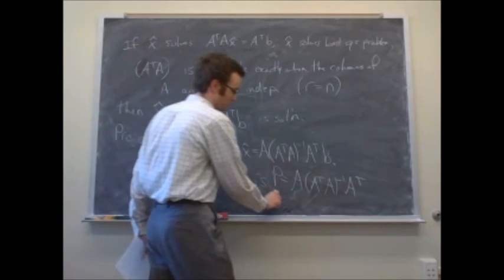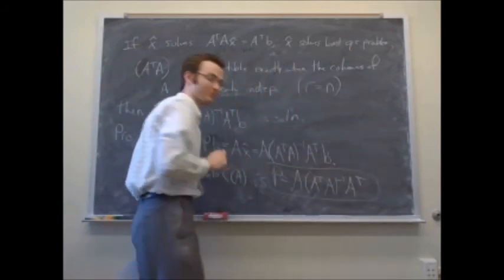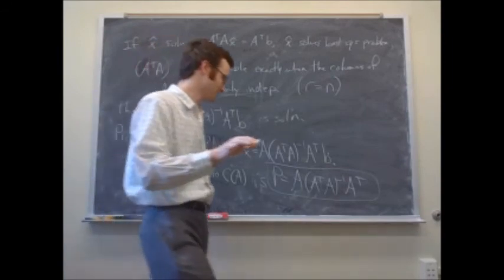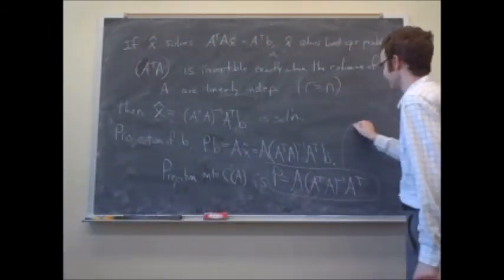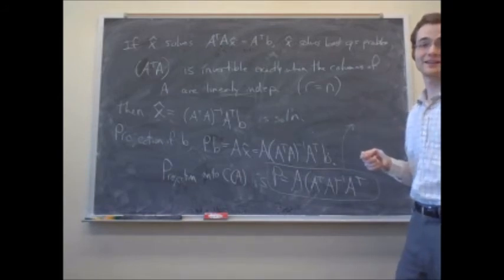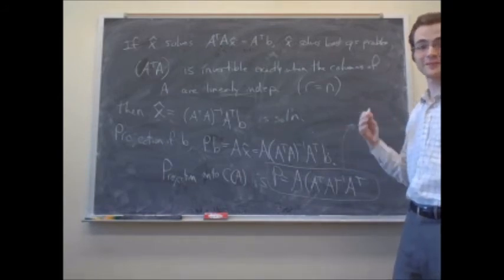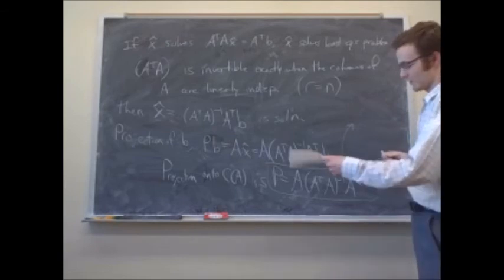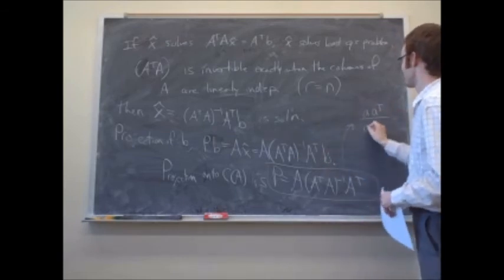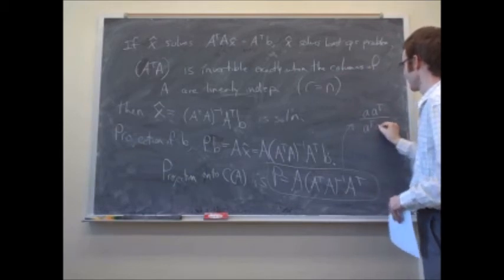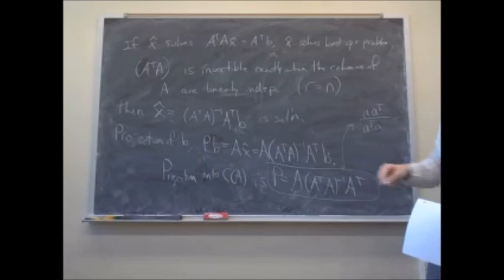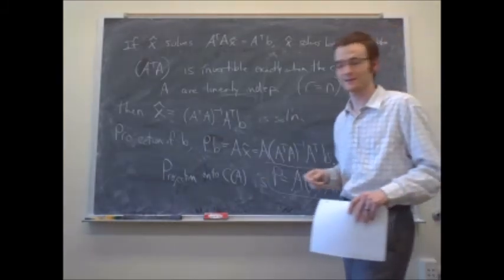This is the general projection matrix. Now, you may not believe me, but it does in fact turn out that if the column space of A is defined by a single vector, then we do get exactly what we had before. These two are the same thing if the column space of capital A is a single vector.